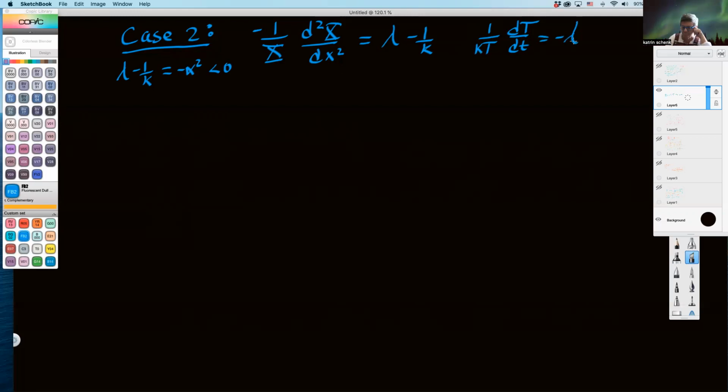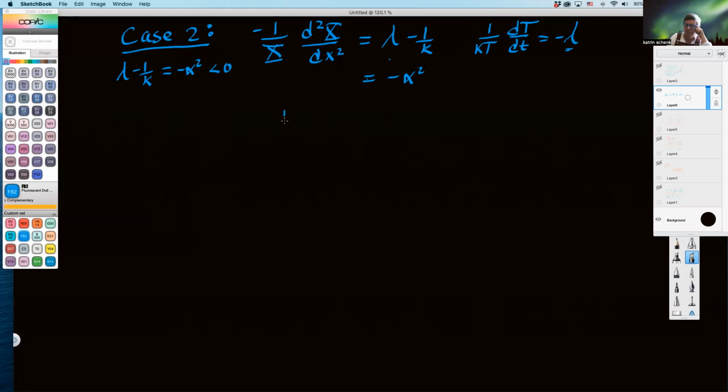Now in this case, again, we're going to solve for lambda for this equation, but let's do this equation first. So I know that lambda minus 1 over k is this negative alpha squared. And so I have a negative sign and a negative sign here, which cancel out.